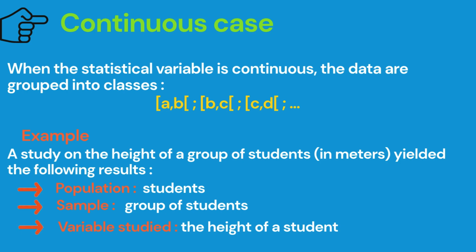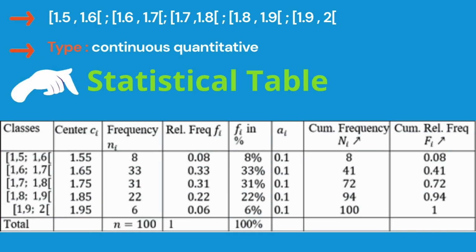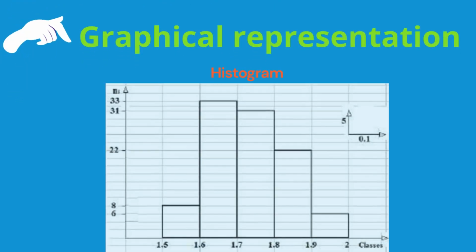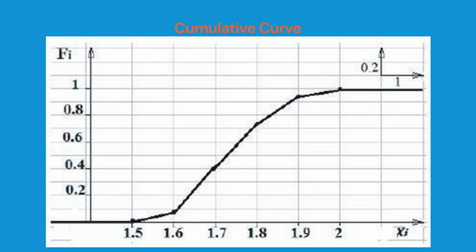So we group these values into intervals. And since we are dealing with intervals, we use the class midpoint, or the center, as a representative value. Just like before, we can build a statistical table and we use similar graphs: histogram, frequency polygon, and cumulative curve.